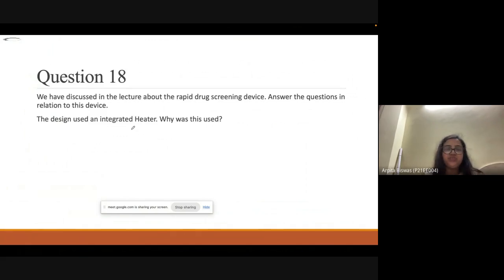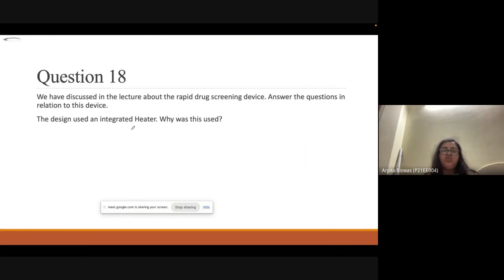Then we are moving toward question number 18. We have discussed in the lecture about the rapid drug screening device. Answer the question in relation to the device. The design used an integrated heater. Why was it used? So please go through the question and then try to give the answer.